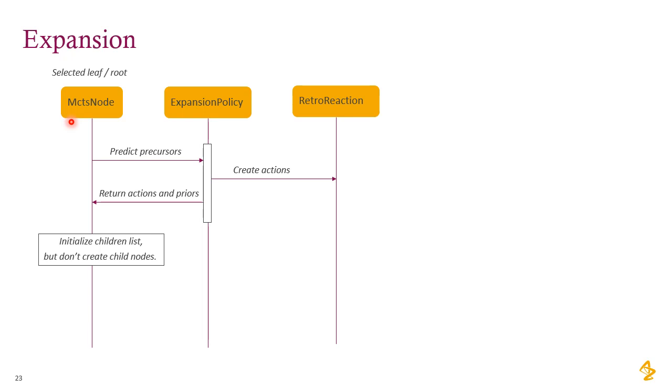It will create a list of visitation counts, which is the kind of statistics that is needed for the upper confidence bound statistics that will guide the search. But the important thing is that it will instantiate a list of children, but that list will basically just contain none. It will not create any children. And the reason for this is that this will speed up the calculations.